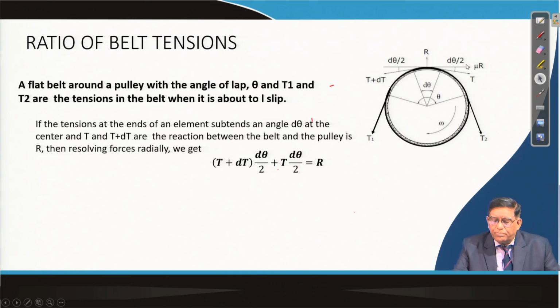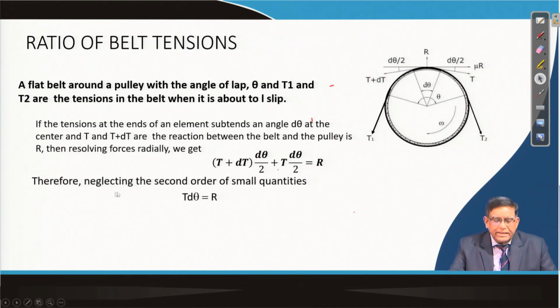If you resolve them into forces, the normal reaction, then the relationship you can write is T plus dT times d theta by 2, this and this together, all resolved into this force.